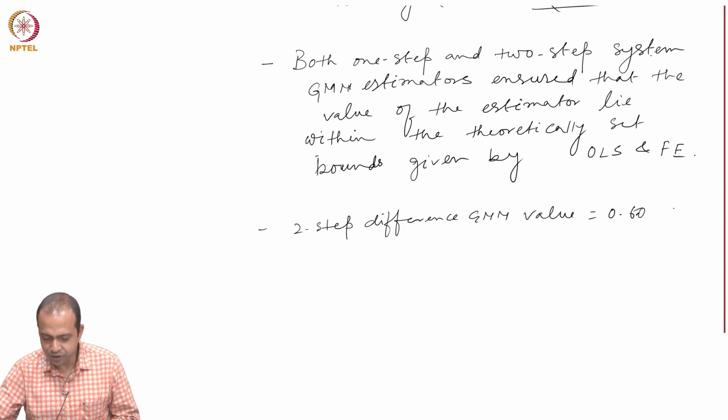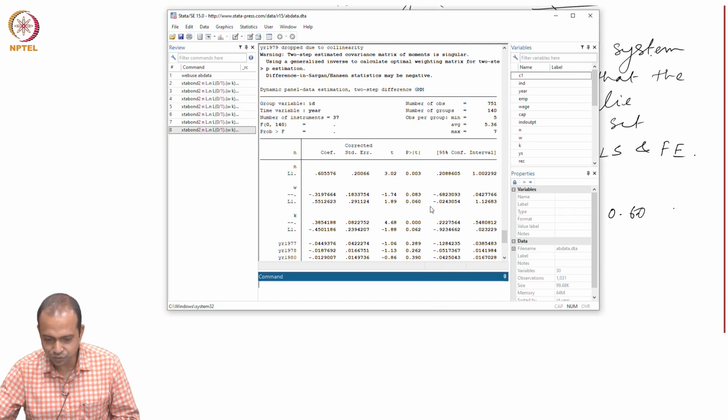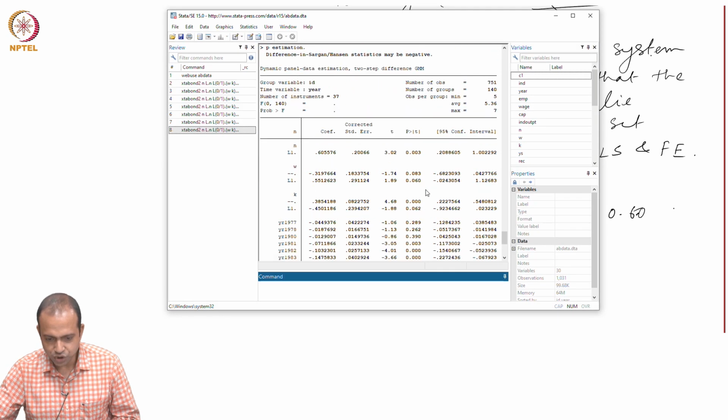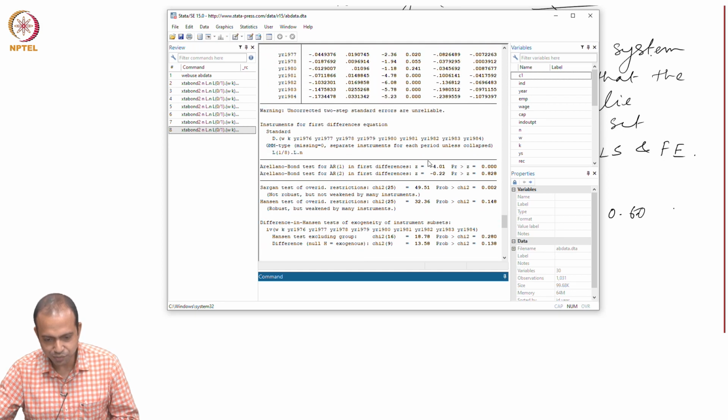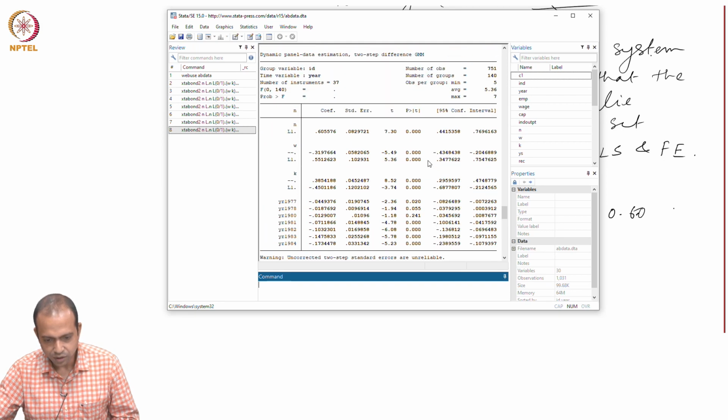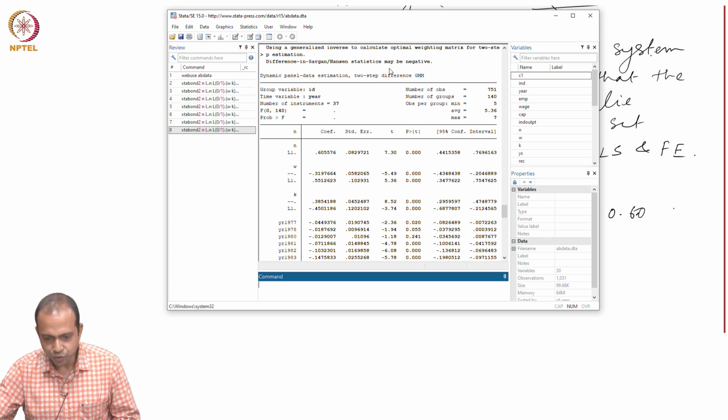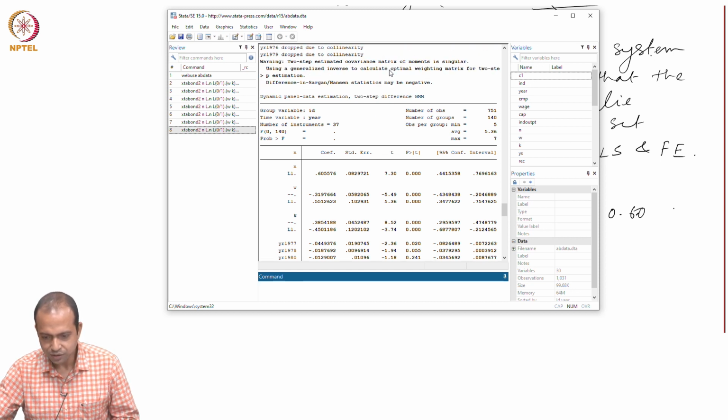Then what is the previous model before that? This was the last one, two step difference GMM, and before that we estimated two step difference GMM with robust command.